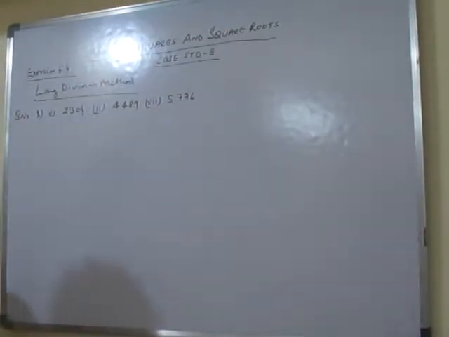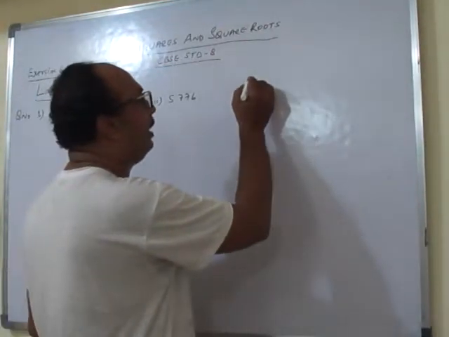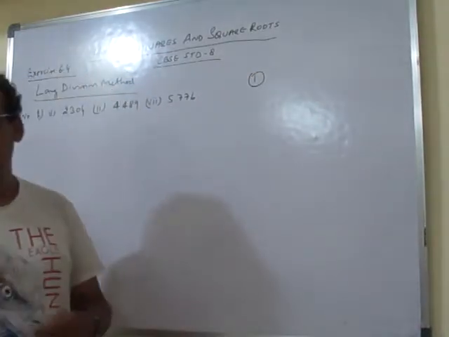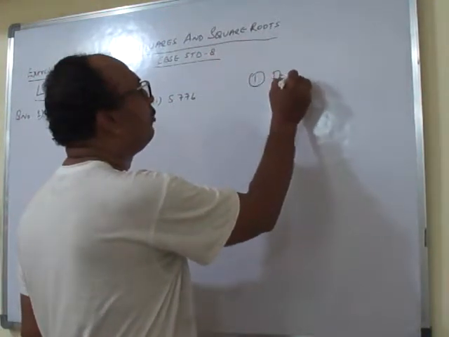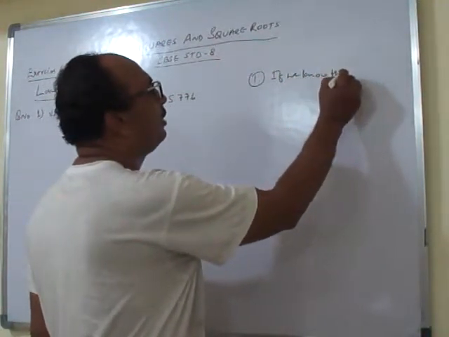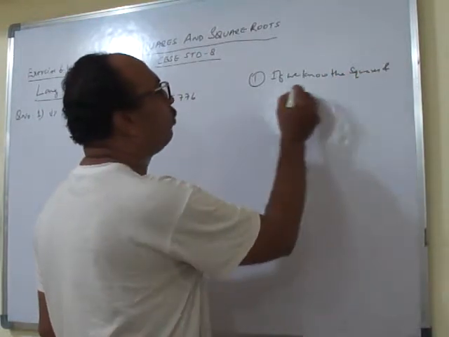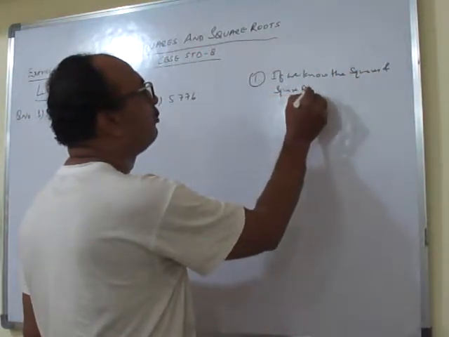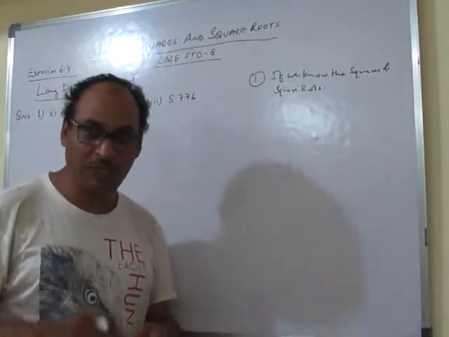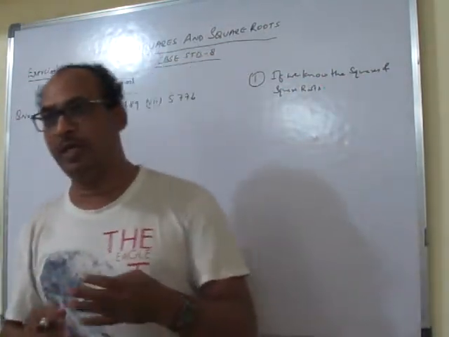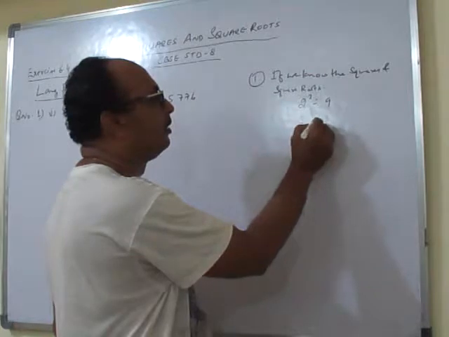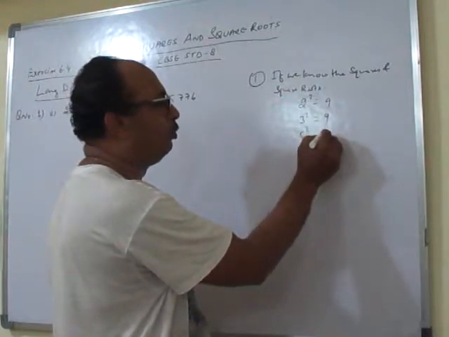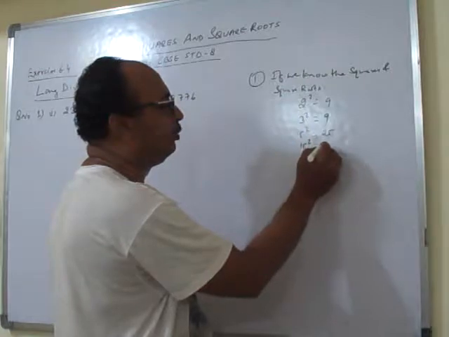What we have done earlier, we have found square roots by some methods. One method is if we know the squares and square roots directly. Like 2 square is equal to 4, 3 square is equal to 9, 5 square is equal to 25, then 15 square is equal to 225.